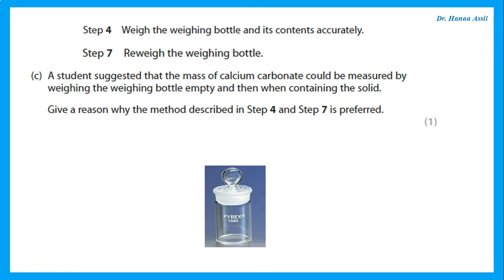Or should I just weigh the weighing bottle empty, put in the solid, weigh it with the solid and subtract the two masses? Actually, the way he did it is more accurate, because if we weigh the empty weighing bottle, put the solid and then pour it into the boiling tube, some solid may remain inside the weighing bottle. So how am I sure that all the solid is poured into the boiling tube?